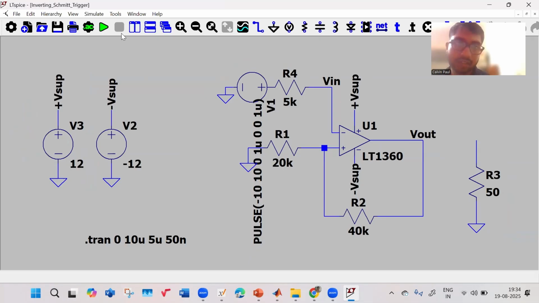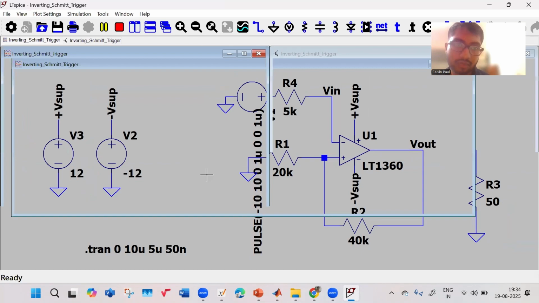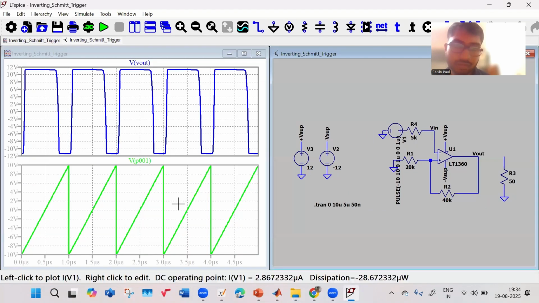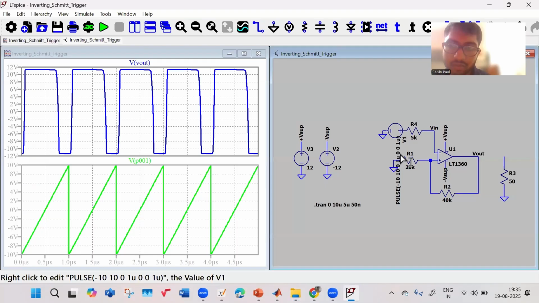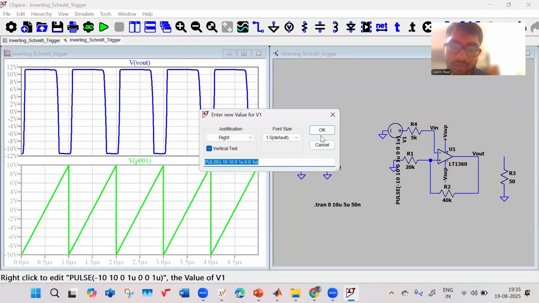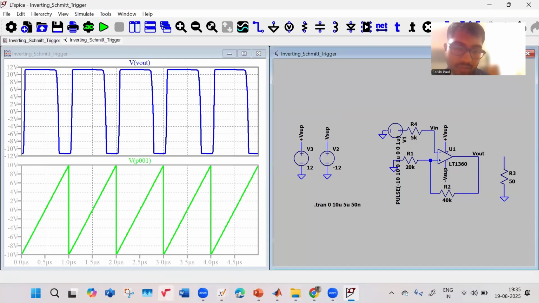Let us check this. Let me change this. Copy it and keep it somewhere.